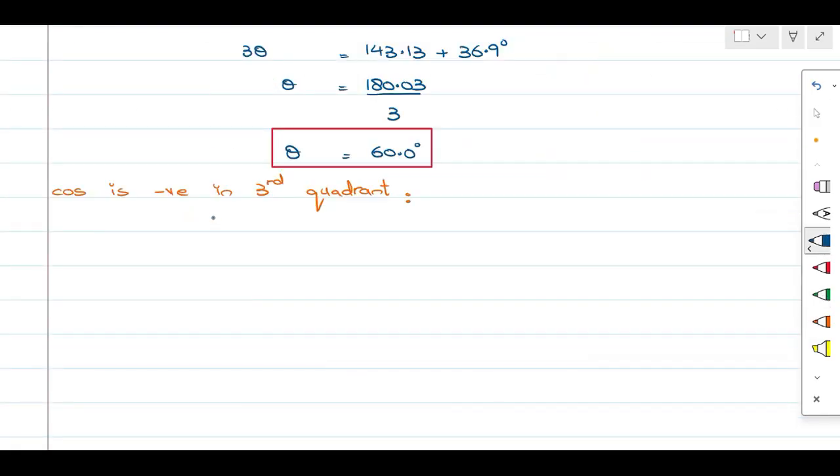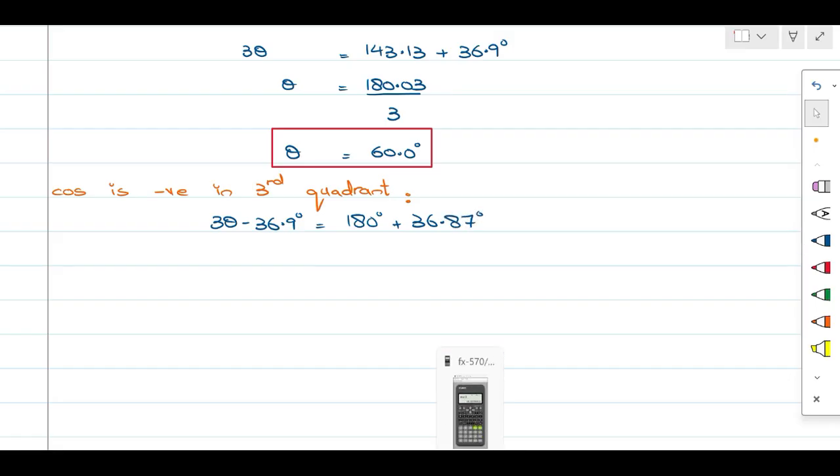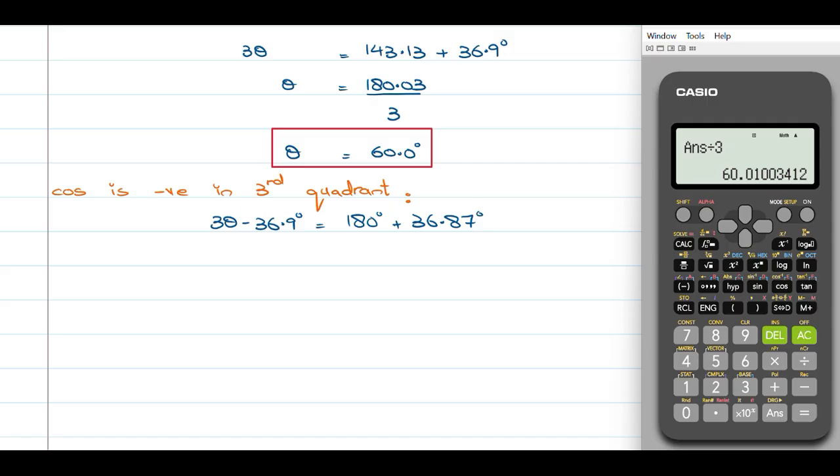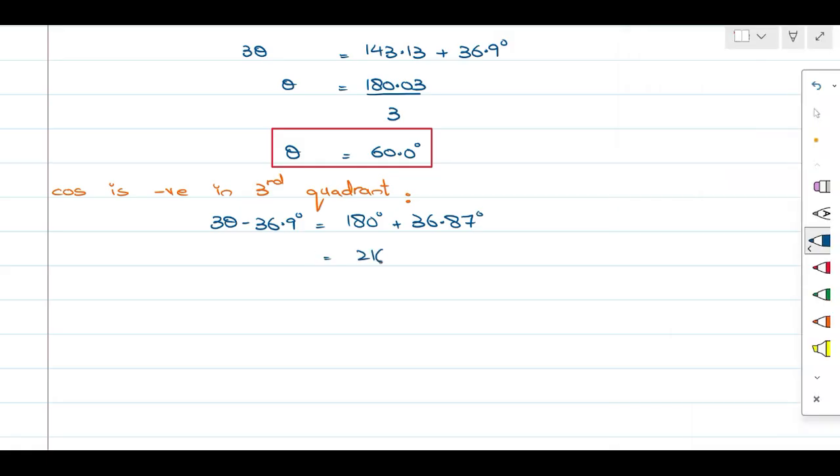So 3 theta minus 36.9 degrees is equal to 180 degrees plus 36.87 degrees. 180 plus 36.87 is 216.87. Shift this term to the other side and it becomes positive 36.9. This is your 3 theta.